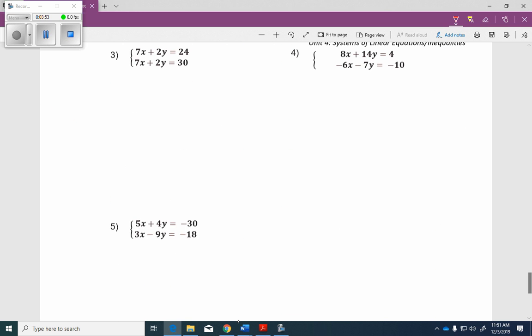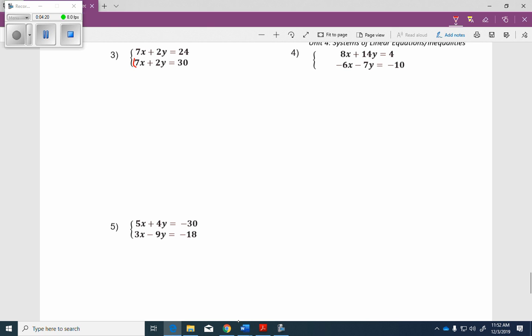Number 3 is one like what we did in class where everything is lined up. Unfortunately, we don't have opposites. So I'm going to choose to just multiply the bottom equation by a -1. I see that if I multiplied the x by a -1, I'd have a positive 7x on the top and a negative 7x on the bottom, and therefore I have my opposites.